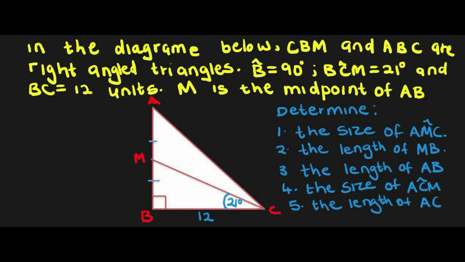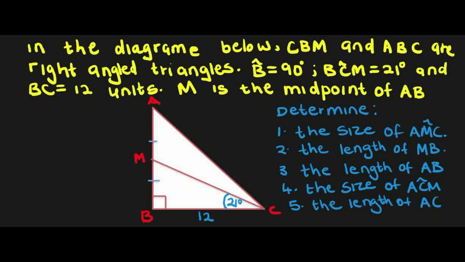BC is 12 units. And then we are told that M is the midpoint of AB. As you can see, there are indications that M is the midpoint of AB, which means AM is equal to BM or MB.